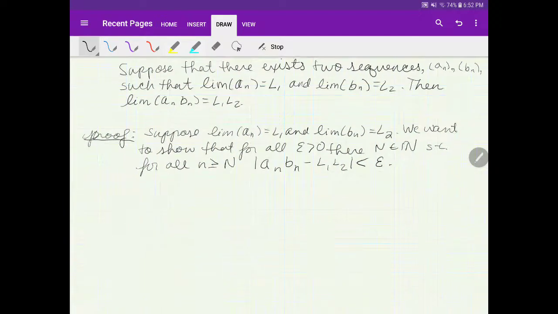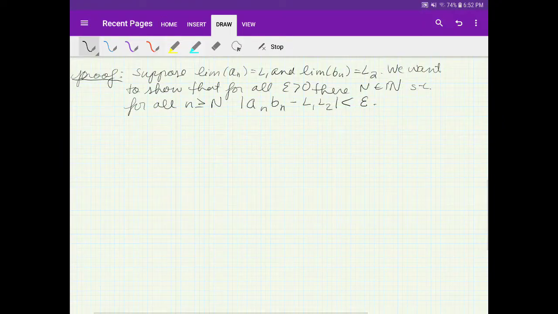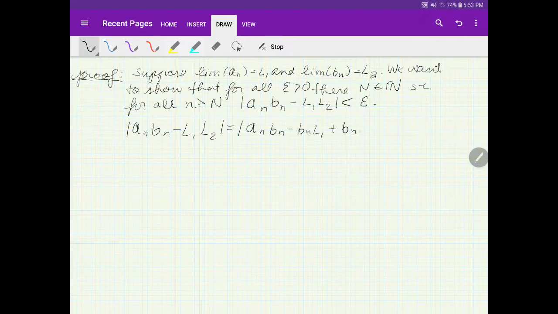So let's do a little bit of algebra to manipulate this absolute value. So we have a sub n, b sub n minus L1, L2. And that's the same as if we did a sub n, b sub n minus b sub n times L1 plus b sub n times L1 minus L1, L2. So these are equivalent statements because these two add up to 0, so we didn't really change the equation.